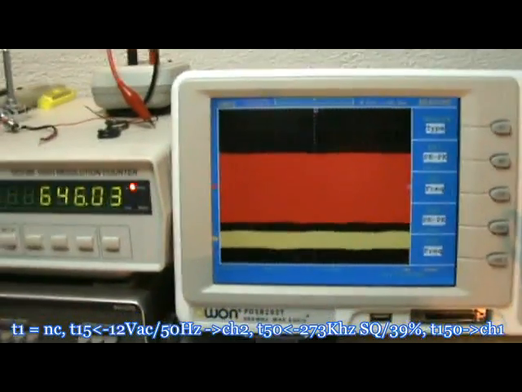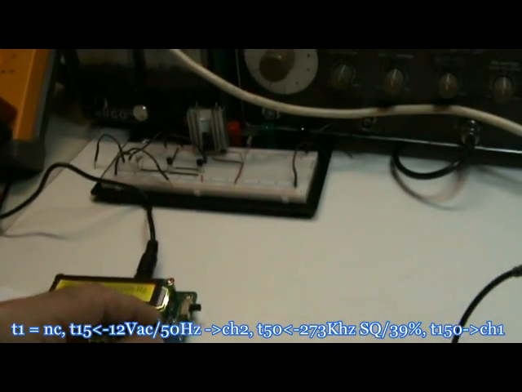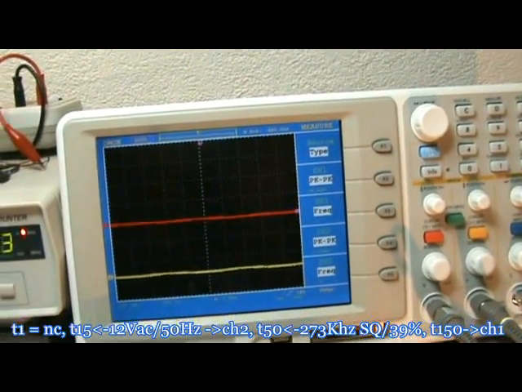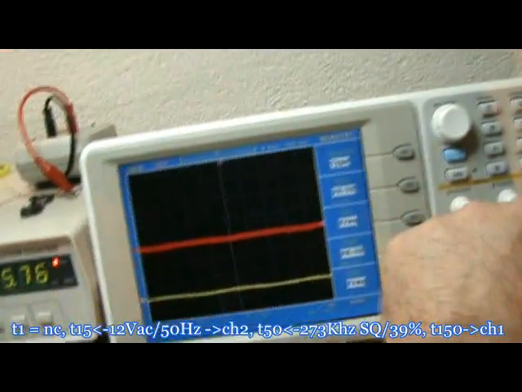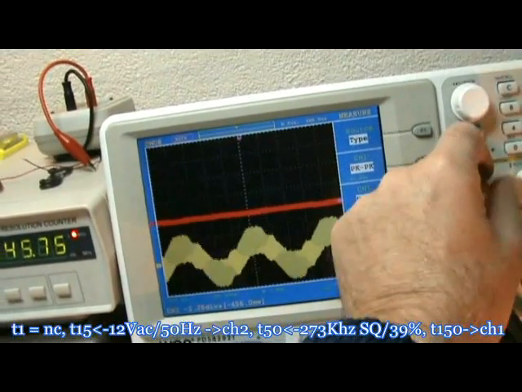I have to decrease the output from this function generator from the 273 kilohertz to be able to see something of a frequency on the 50 hertz. There's something.